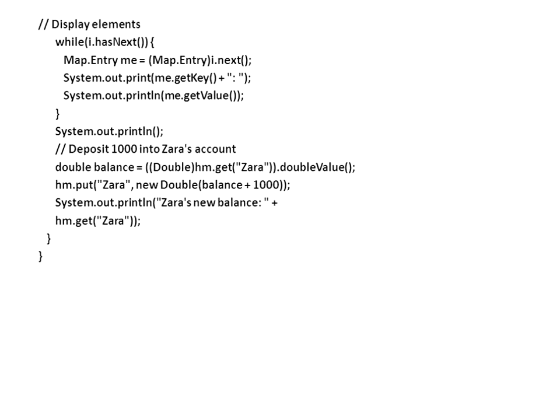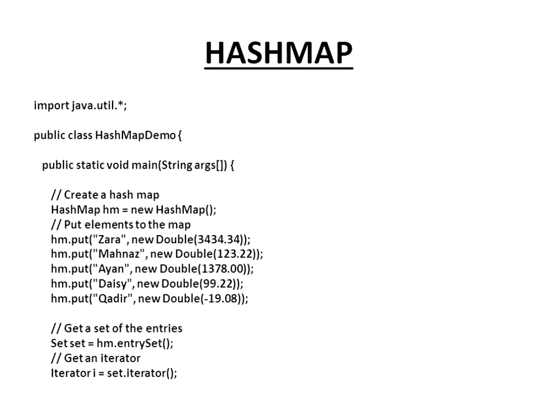Now here we have imported the util package, and then we have the HashMapDemo class. Inside this demo class, we have the main method. Now you can see over here what we have done.